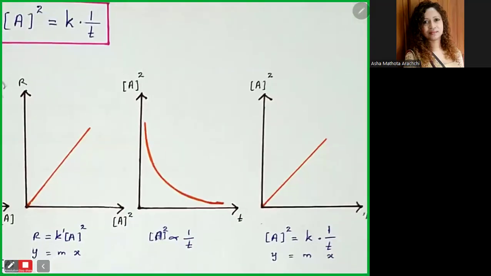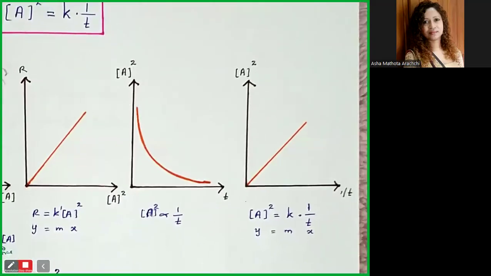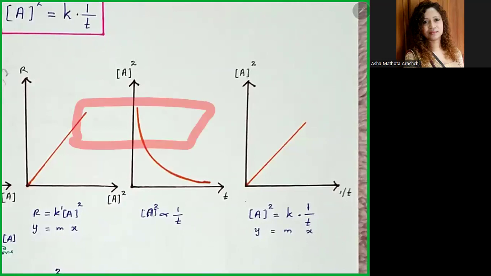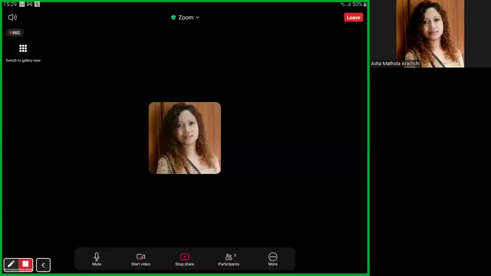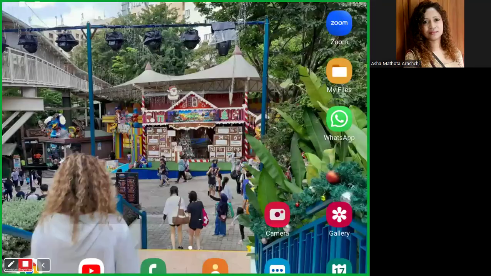Same way, I'm going to draw these three graphs. From the first equation, R equals K A to the power 2, I can draw a Y equals MX kind of graph.